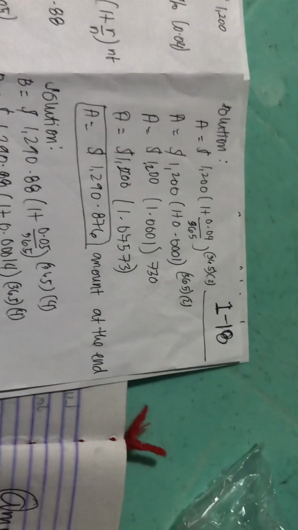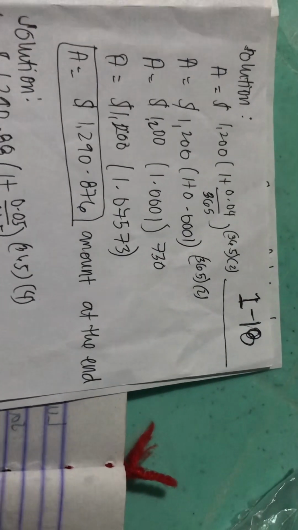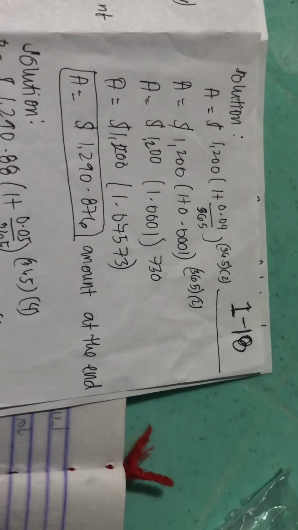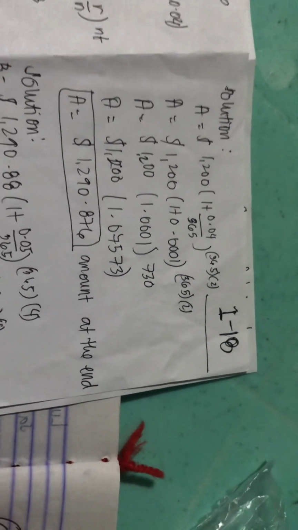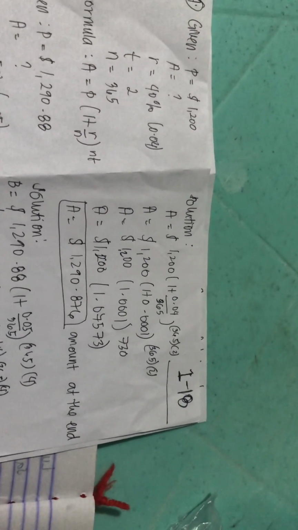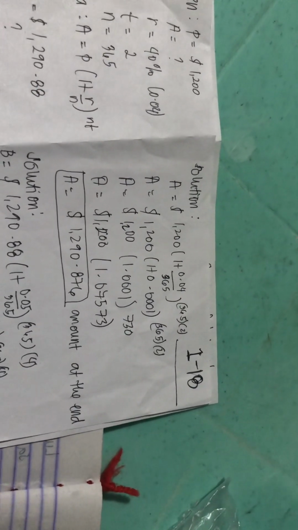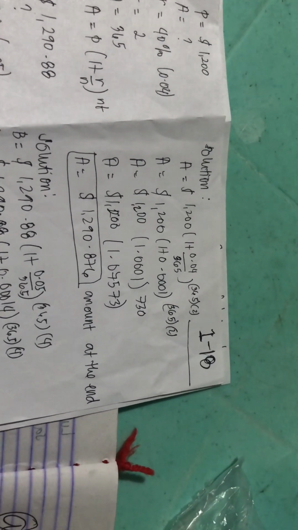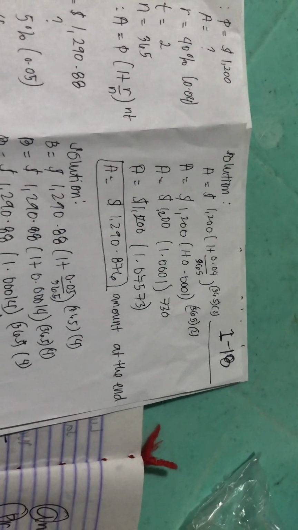So the answer of it is $1,290.876, the amount at the end. Then in order to get this one, just multiply.